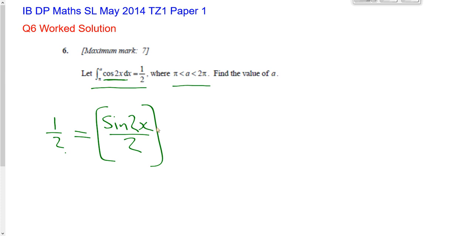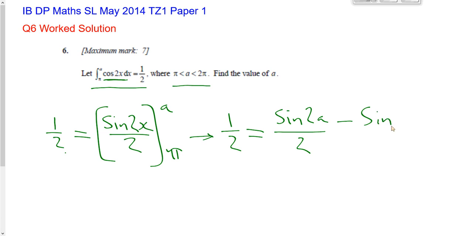And this is a definite integral, so it's between the points pi and a, a being the unknown that we're trying to solve here. So that definite integral, which is equal to a half, looks like this. We've got sine 2a over 2 minus sine 2 pi over 2.